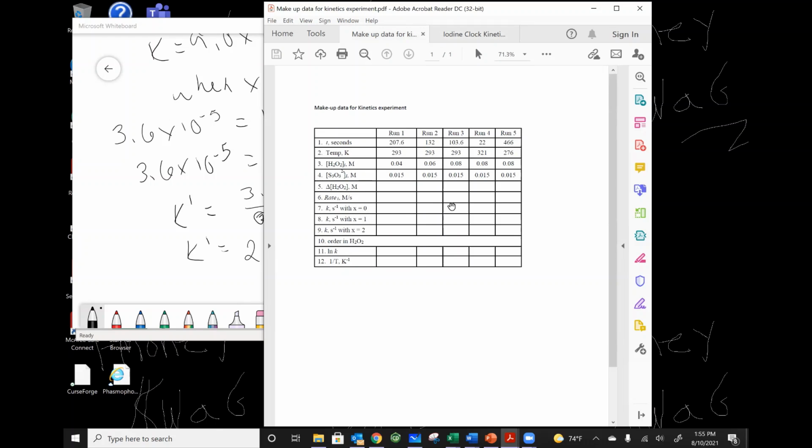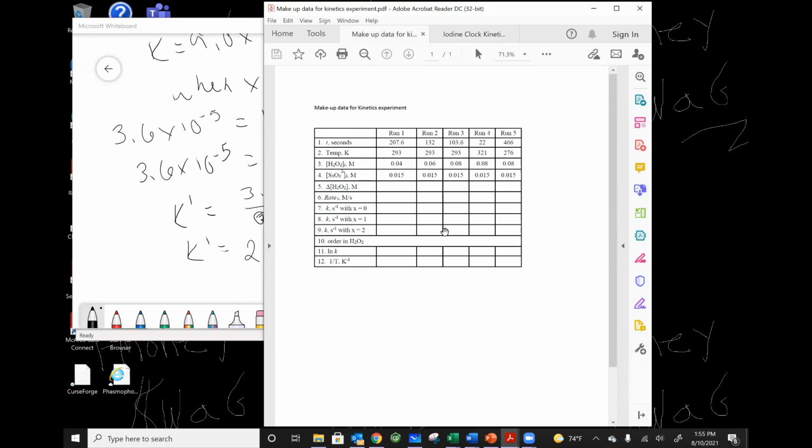So we will take the relative standard deviation of the first 3 zero orders, the relative standard deviation when x equals 1, and the relative standard deviation when x equals 2. Whichever one is closer to 0, the one with the least amount of deviation, that is the order of the reaction.